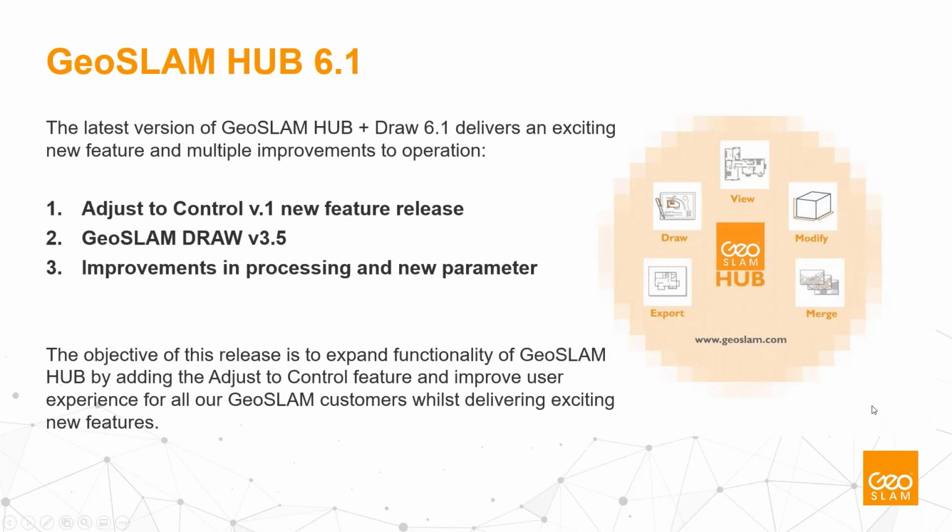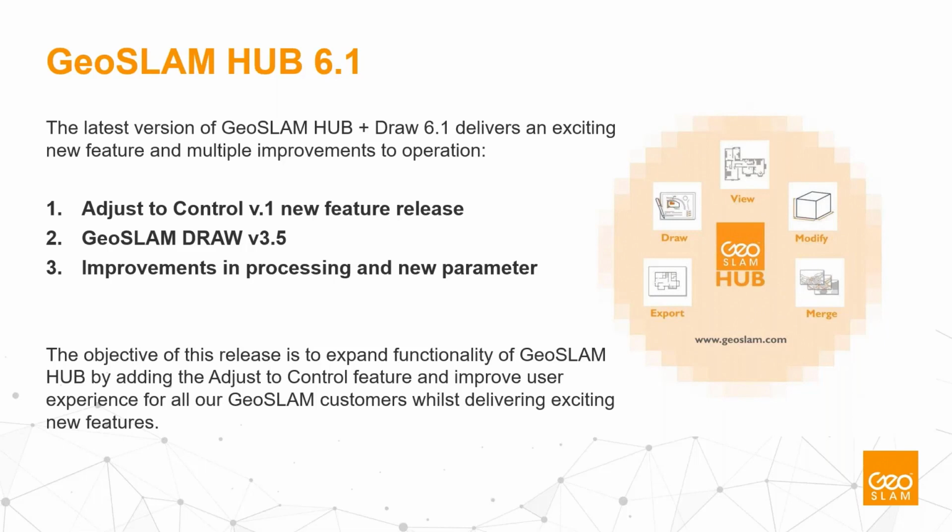Okay, so just an overview of the new GeoSLAM Hub version 6.1. Three main improvements. Obviously Adjust to Control as a new feature, version 1 of that tool. We integrated the newest GeoSLAM Draw, version 3.5 now. All of the release notes and quite a few new videos are available for that version of Draw on our Academy.